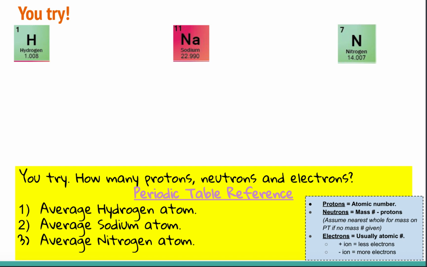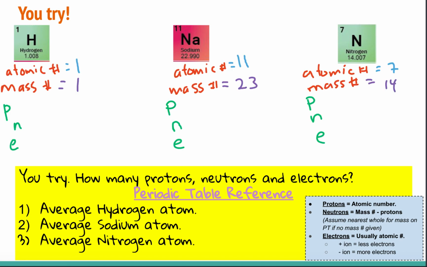So let me show you how to do the calculations for my average hydrogen atom, sodium atom, and nitrogen atom. These are the atomic numbers and nearest whole number mass numbers that we're going to use for this particular isotope, meaning the most common hydrogen, sodium, and nitrogen atom. I grabbed all of these from the periodic table entry that I have up here.